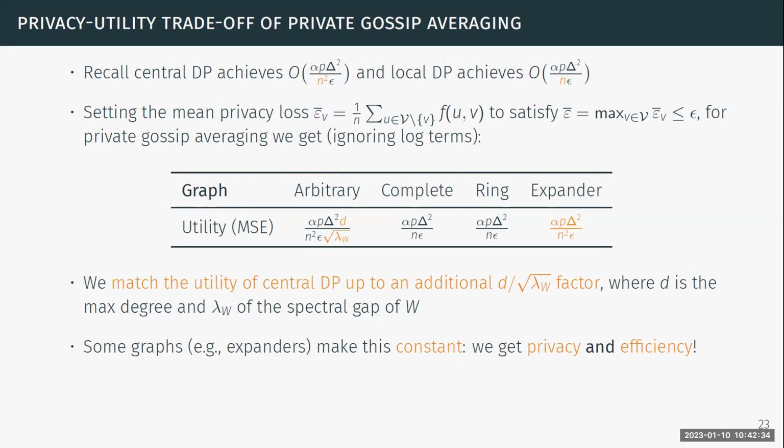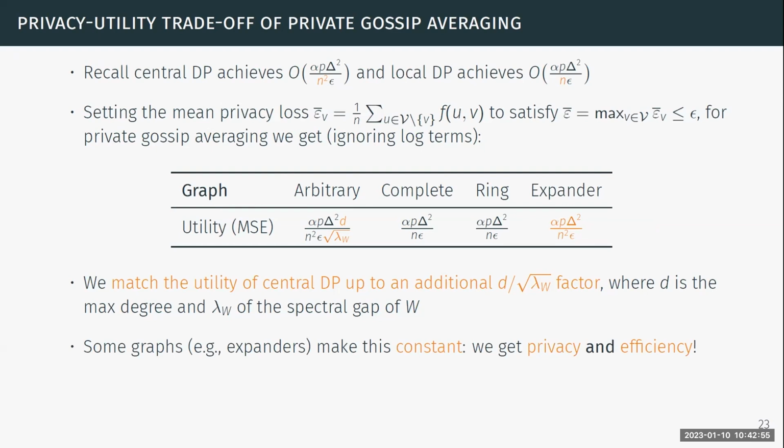So typically, expanders have degree of order log n, and this quantity is also of order log n, meaning that they make this ratio constant, and therefore, up to constants, I recover with such graphs the utility of central DP, and so I'm happy.